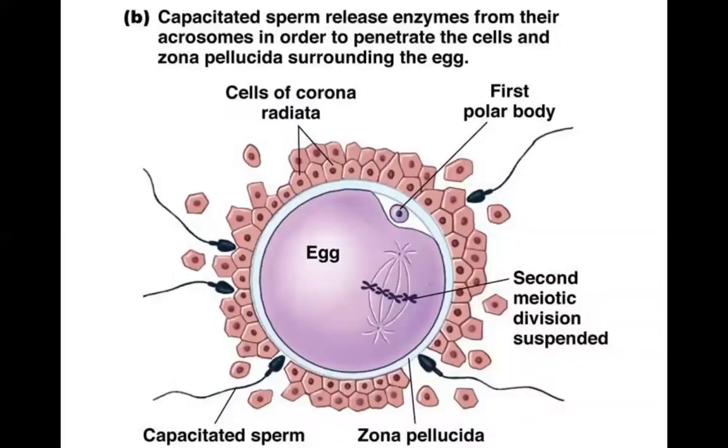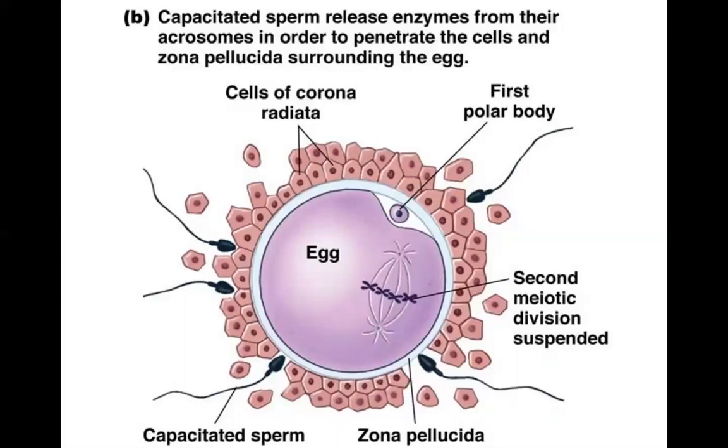In this particular diagram, the reason why I like it and want to show you is that you can actually see the chromosomes that have been formed from the second meiotic cell division. You probably recognize this as being in metaphase 2. They are lined up in single file, they are double-stranded, and they are waiting in that position, suspended inside the egg cell until a sperm cell comes in to fertilize.